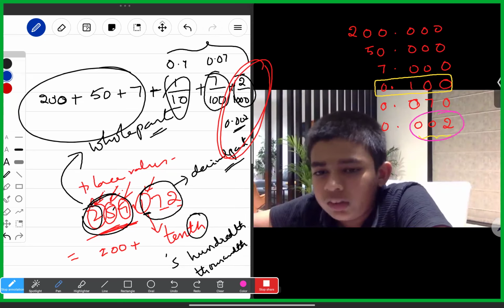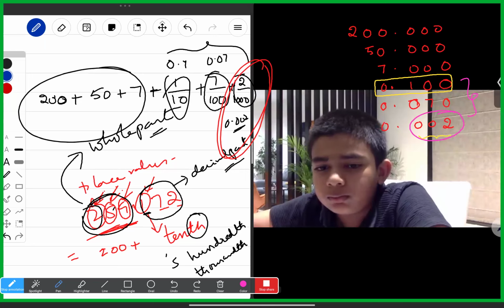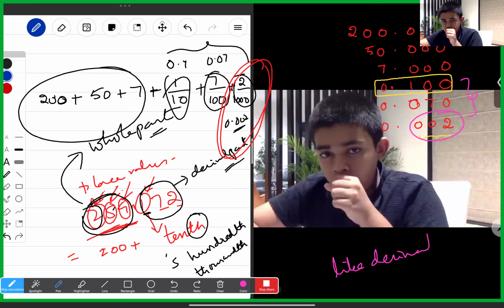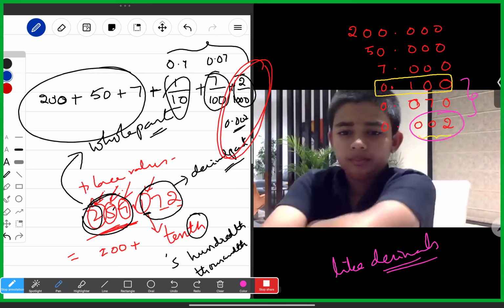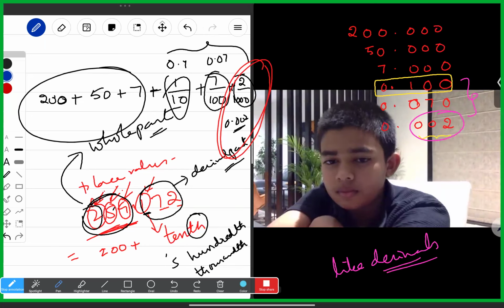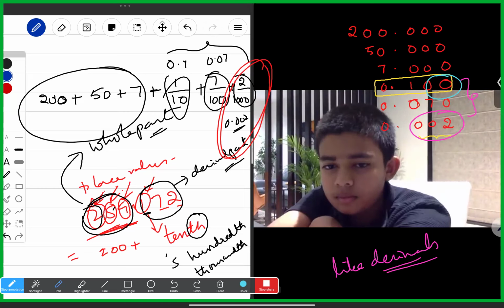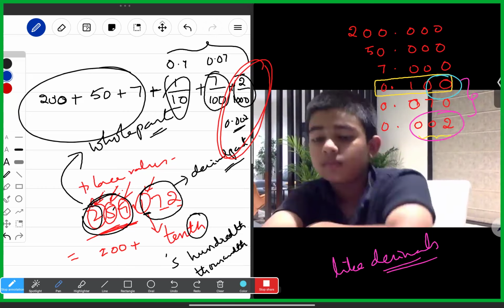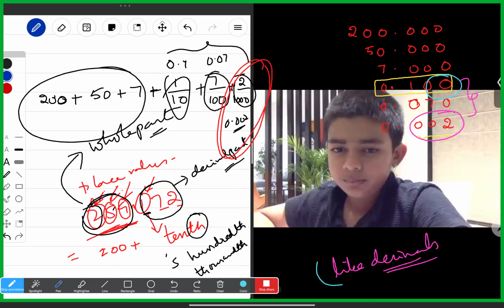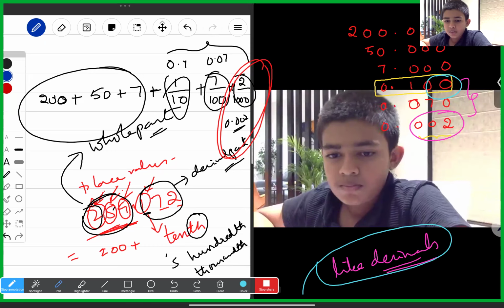This matching we are doing. While adding or subtracting, if required, we add some zeros after the digits to make them equal to the highest number of decimal digits in any of the numbers. Yes, sir. This is called like decimals.